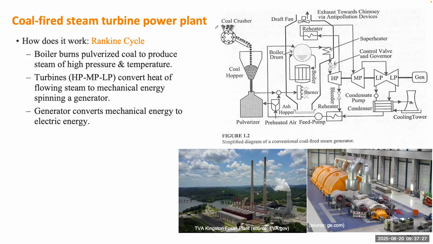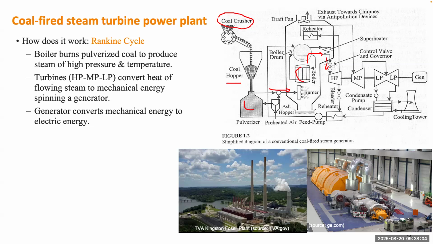So how does this power plant operate? The coal is fed from here through a coal hopper into these pulverizers, and then fed into the burner. The burner burns the coal to generate boiled water, which goes through the superheater and becomes high pressure, high temperature steam.